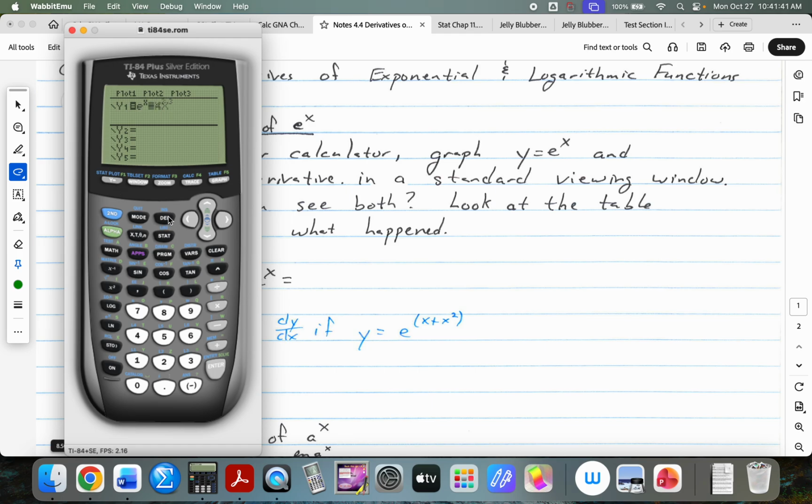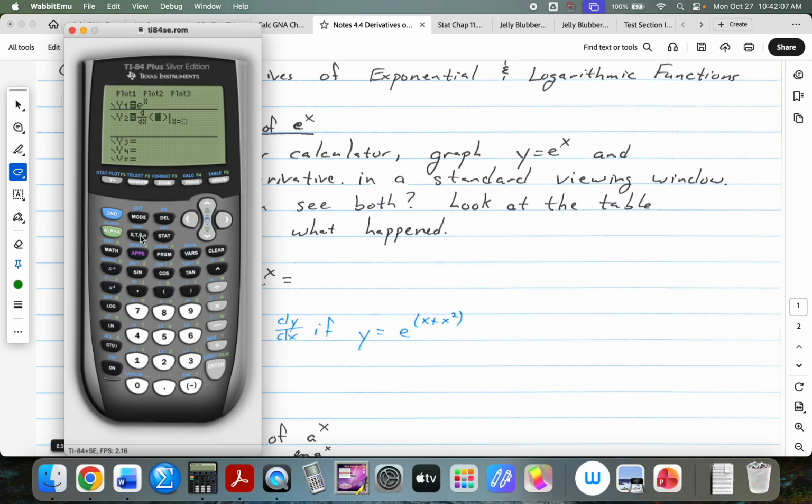So I'm going to graph e to the x. And then I'm going to tell my calculator to take the derivative of that. So that's math 8.